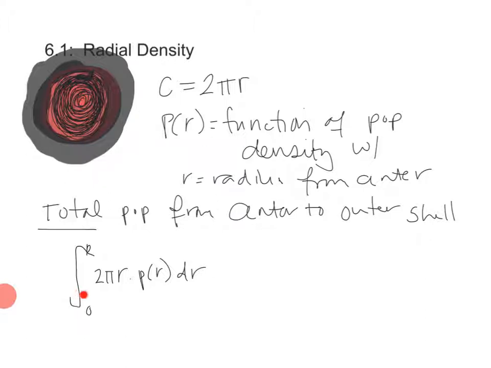Then you multiply how many circumferences and the size of each circumference by the density function, or how much stuff is in a given area, with respect to r.